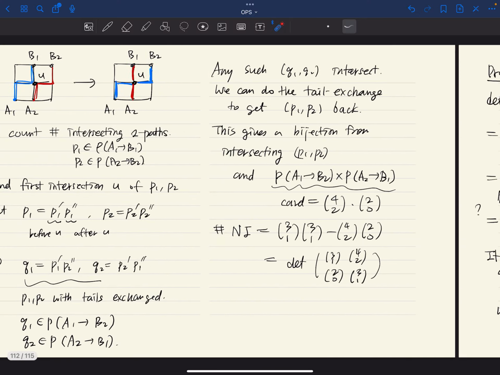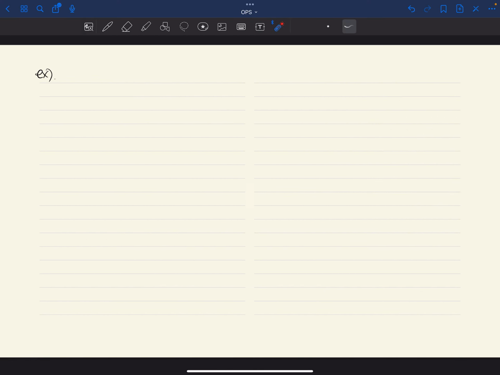Yes, there are cases like that. Let me show you. Just a 3x3 grid, with edges going in this direction.